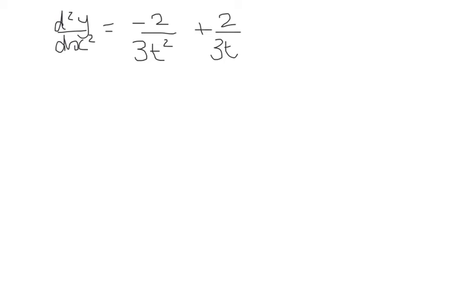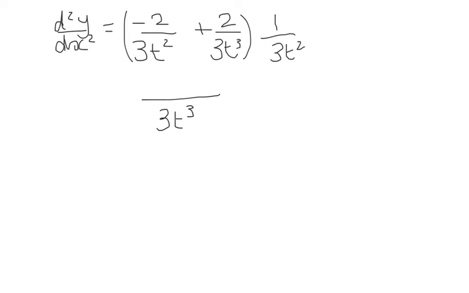So we had the second derivative, continued from the last page, we had negative 2 divided by 3t squared plus 2 over 3t cubed in the bracket, multiplied by 1 over 3t squared. I'm going to deal with the terms in the bracket and put them all over a common denominator of 3t cubed.